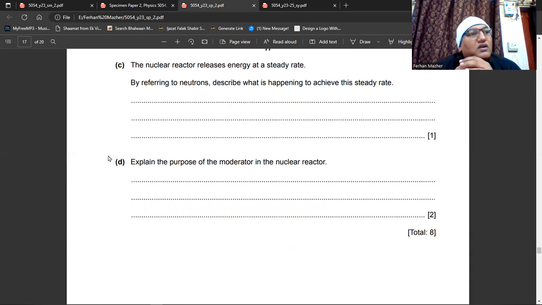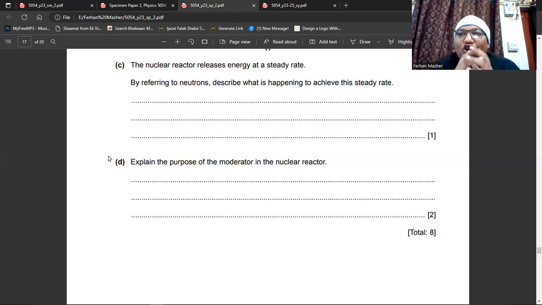Whenever one fission happens, 3 neutrons are produced. So in the nuclear reactor we use a liquid which is the moderator. That moderator slows down those neutrons.